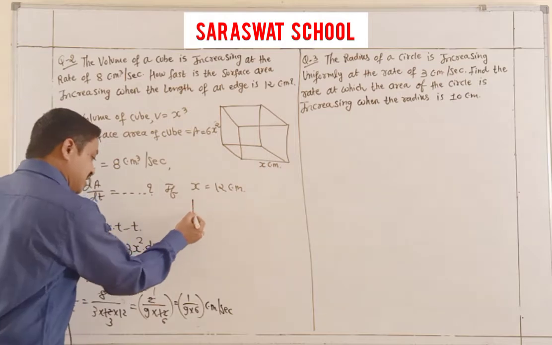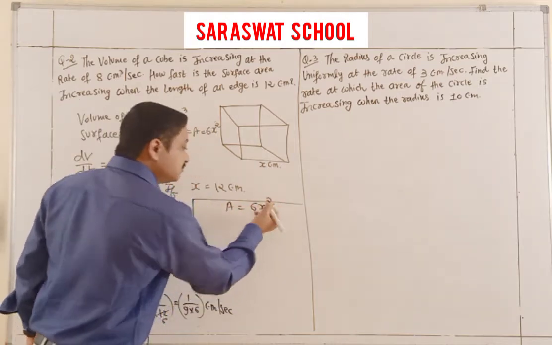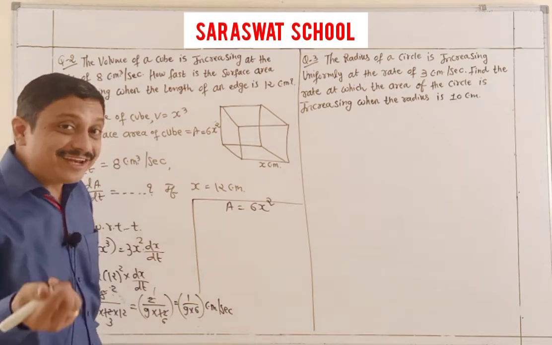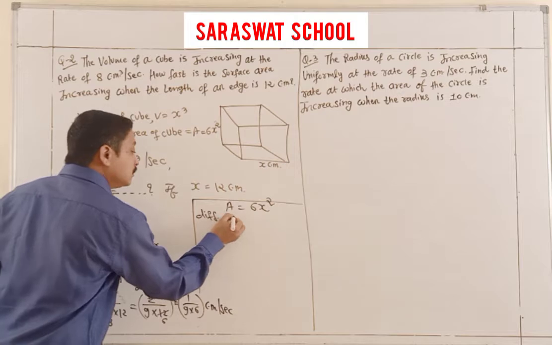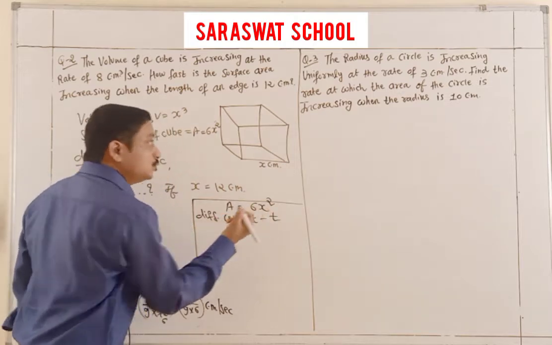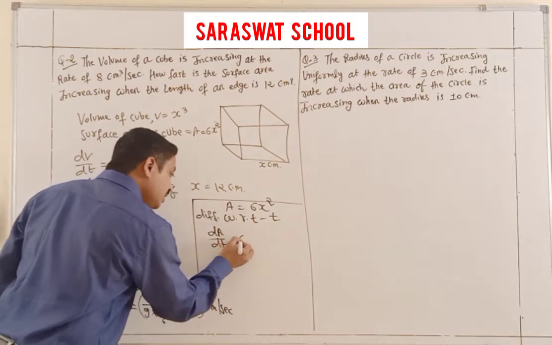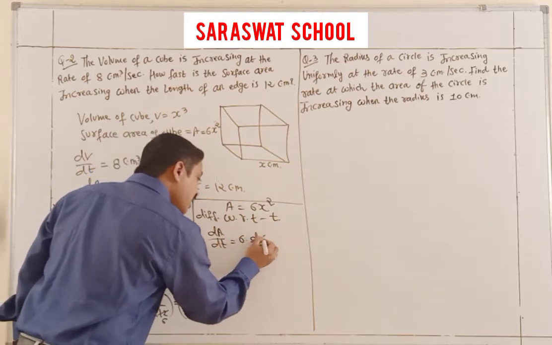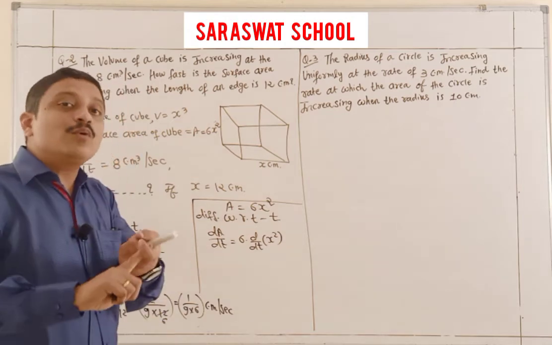And now students, my target is your surface area. So very easy. What is surface area? 6x square. Take the derivative with respect to t. So differentiation with respect to t: dA versus dt is 6 d by dt of x square. Now take the derivative.